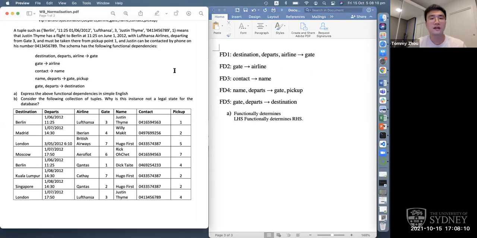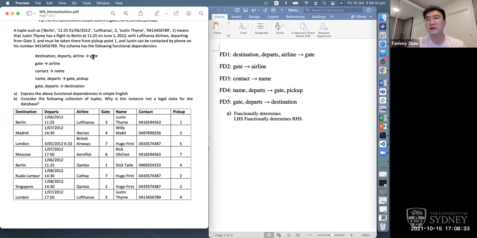But if you want to get a sense of that, you would notice that destination, departs, airline, and gate are related to flight. So a flight has a destination departing at a time with an airline, and that particular flight will only be assigned to exactly one gate.